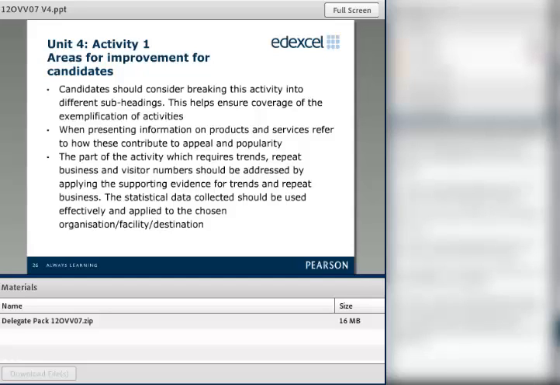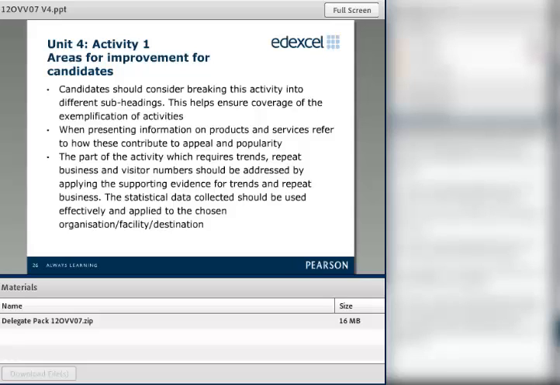We're not looking at needs of people or anything, but don't let them get into that trap of just putting down stuff about products and services and not linking it to the appeal, because that's where they're going to lose marks.